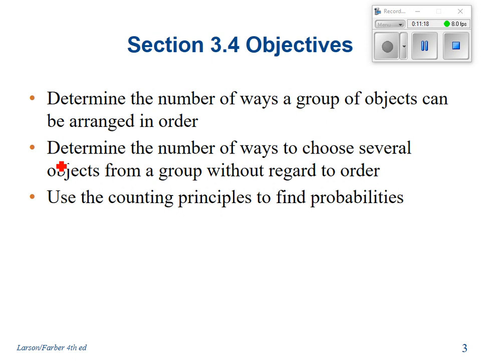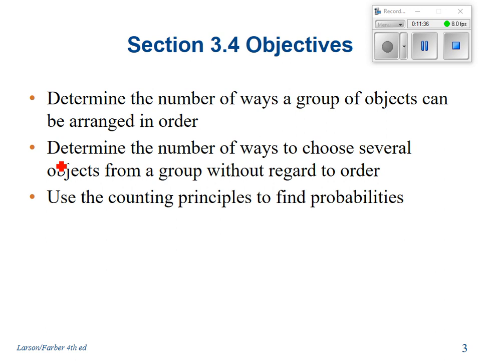All right, so what we're gonna do: determine the number of ways a group of objects can be arranged in order, determine the number of ways to choose several objects from a group without regard to order, and use counting principles to find probabilities.